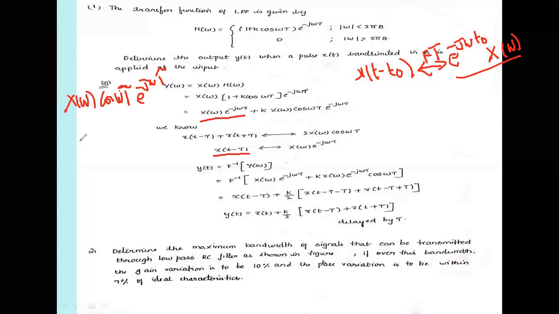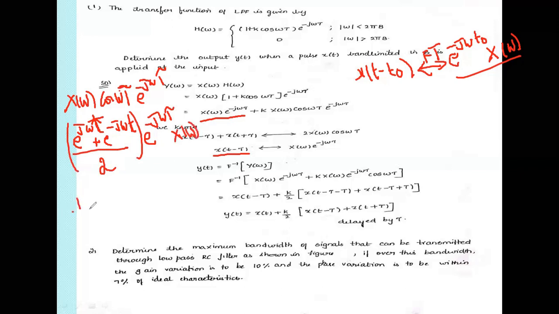So the cos we can write as e power j omega t plus e power minus j omega t, and the minus and minus terms get cancelled. Let us take the small t here. Everything is divided by 2, into x of omega.